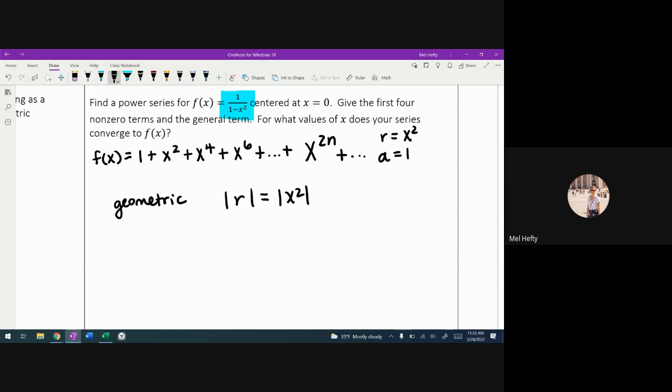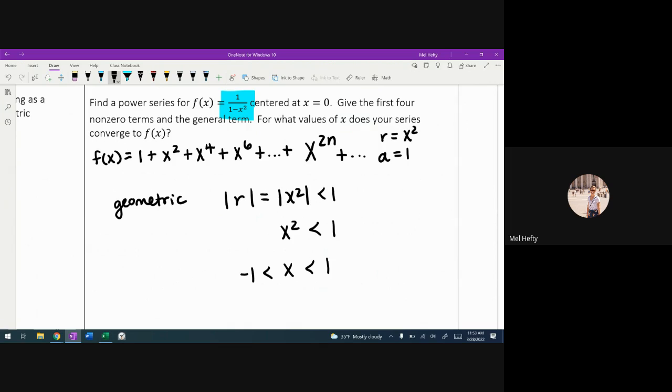So the cool part about knowing this is built off of geometric is we don't have to do what Nicole brought up. We don't have to test our endpoints because we already know they diverge. So we want this to be less than 1. X squared is always positive. So I want x to be between what two numbers? If x squared is less than 1.